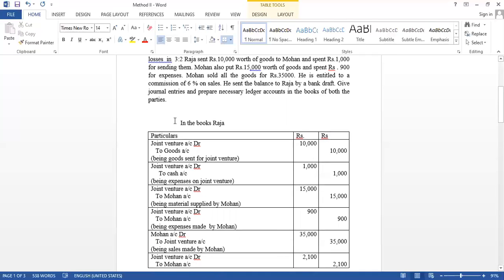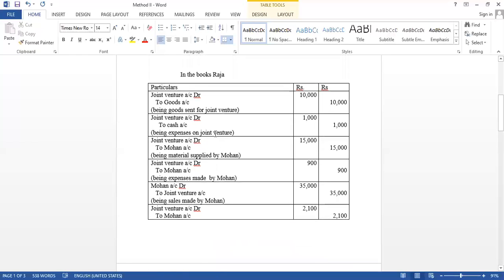co-venturers. First, in the books of Raja, Raja contributed goods worth rupees 10,000. So the entry is joint venture account debit to goods. He made expenses 1,000, so the entry is joint venture account debit to cash.